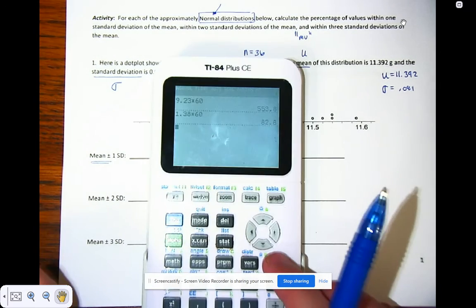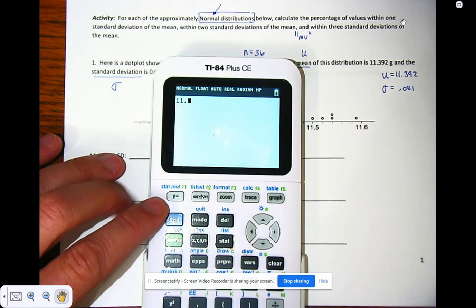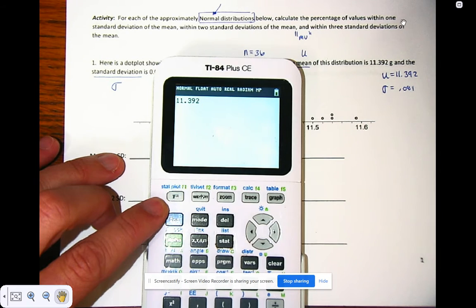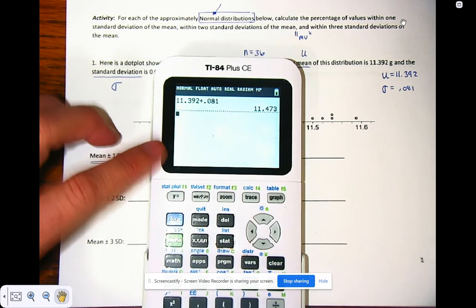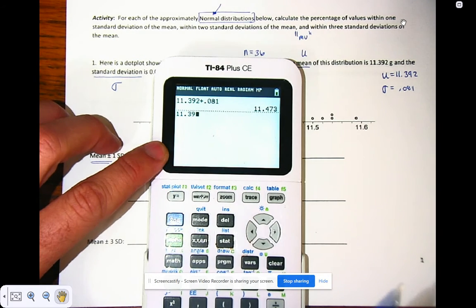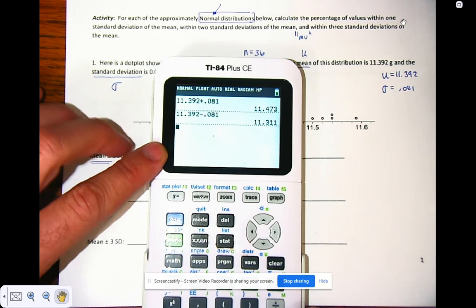If I take my calculator and take 11.392 and add one standard deviation, or 0.081, I get 11.473. If I subtract a standard deviation, I get 11.311.